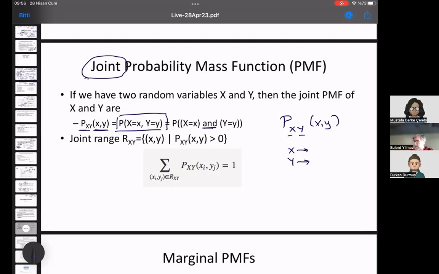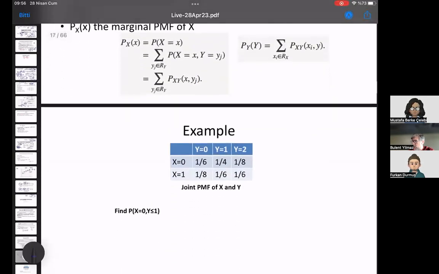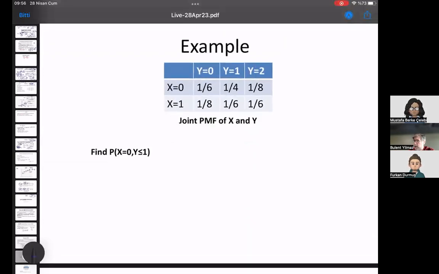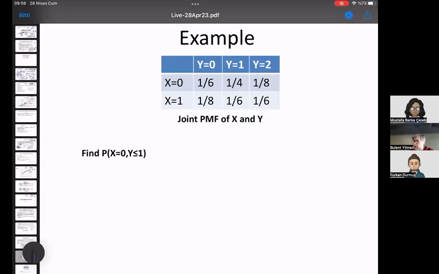So there is a kind of joint situation here. All the probabilities, when I add them up, should add up to 1. Okay? For example, arkadaşlar, I can give you such an example. For example, if X is equal to 0, let me make it a little bit bigger. If X is equal to 0, there are 3 options. Y is equal to 0, Y is equal to 1, Y is equal to 2.